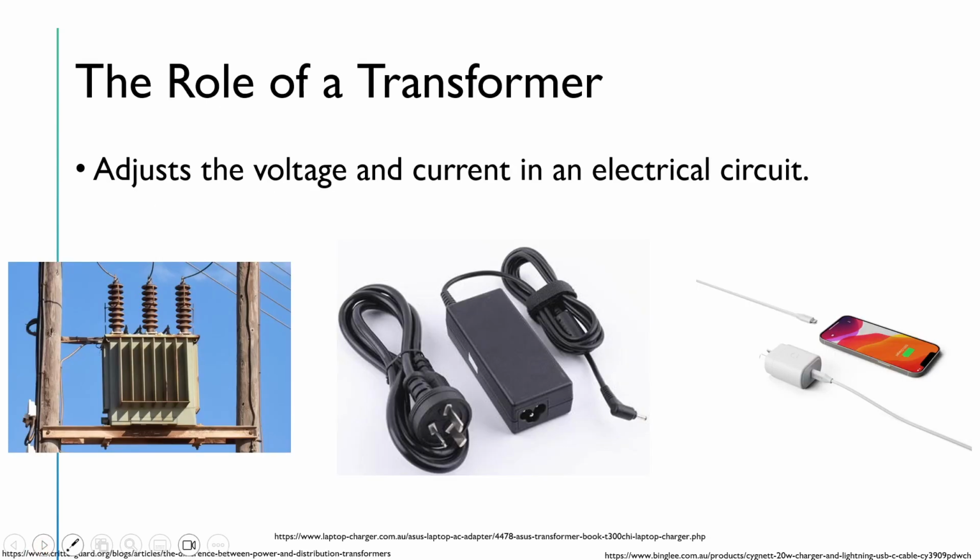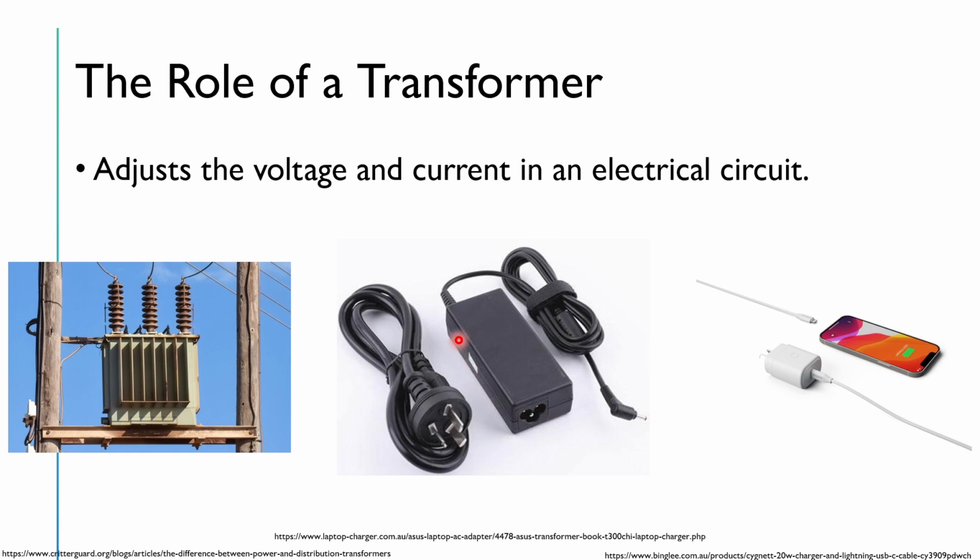So a transformer, essentially what it can do is adjust the voltage and current of an electric circuit. So we see that in a bunch of places. You'll find that transformers are used in terms of the distribution of electricity through our electricity grid, but also transformers exist so that the power that's coming out of the mains can be converted into a certain current and voltage which are compatible with the electronic device which is being powered.